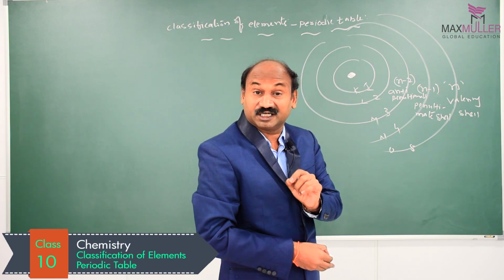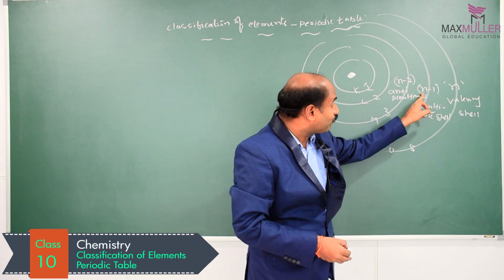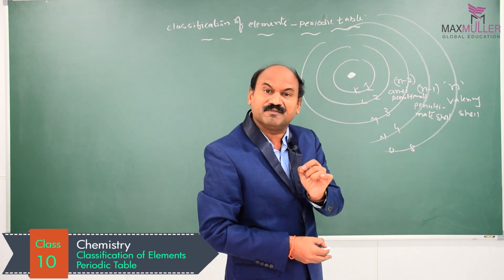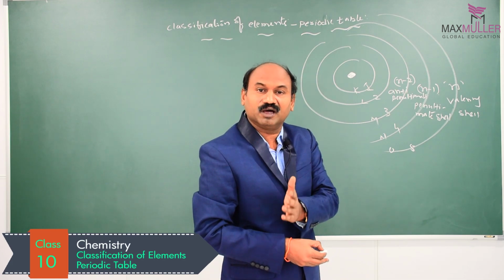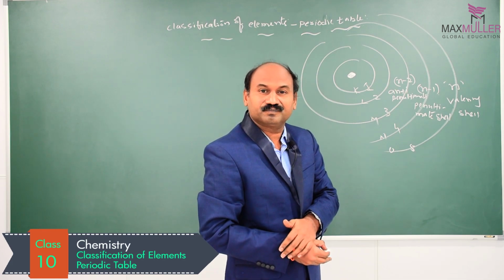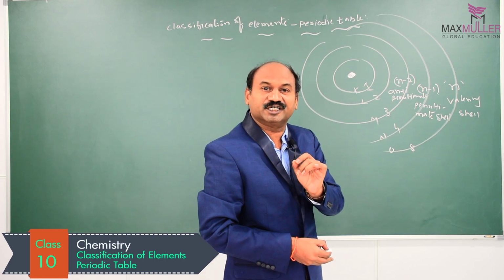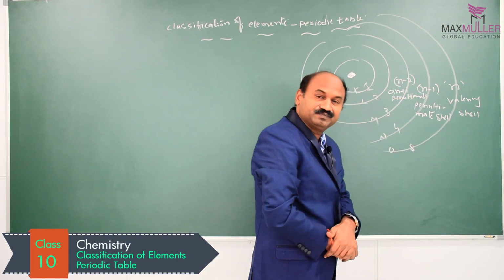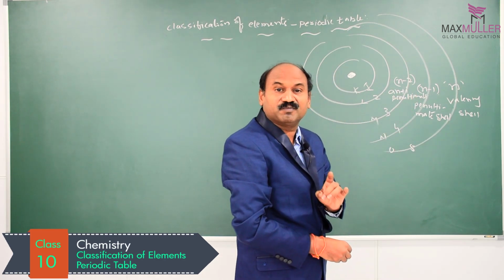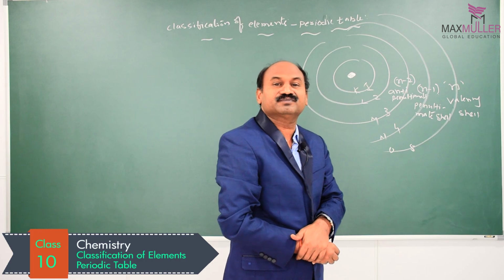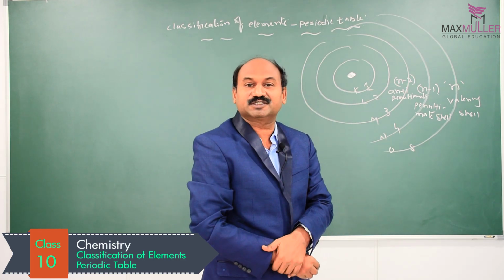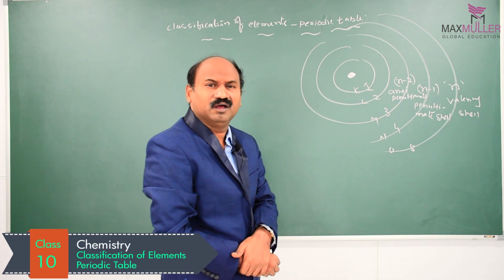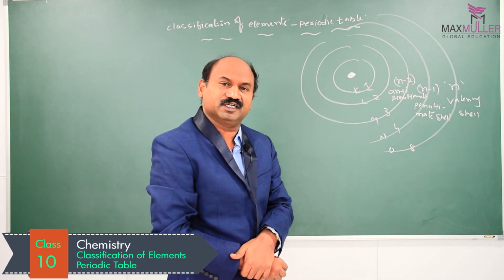And if the differentiating electron enters into the (n-1) d sublevel, that means the d sublevel of the penultimate shell, it is called a d block element. And finally, if the differentiating electron enters into the (n-2) f sublevel, that means the f sublevel in the anti-penultimate shell, it is called an f block element, right? So this is the way SPDF block elements are classified.